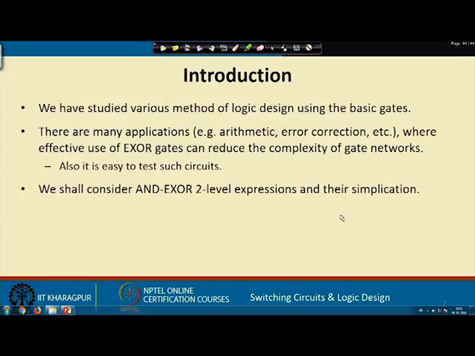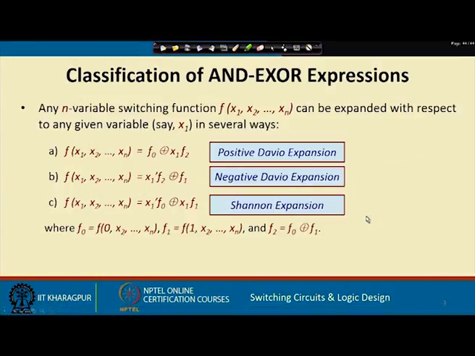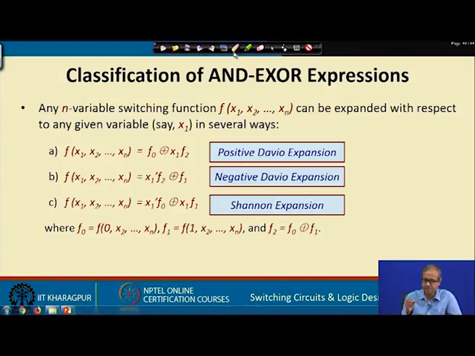Okay. Let us move on. Now, because our subject of discussion in this lecture is AND-EXOR implementations, let us look at 3 alternate ways of expansion. Well, we already talked about Shannon's expansion earlier. Let us look at it like in this way.